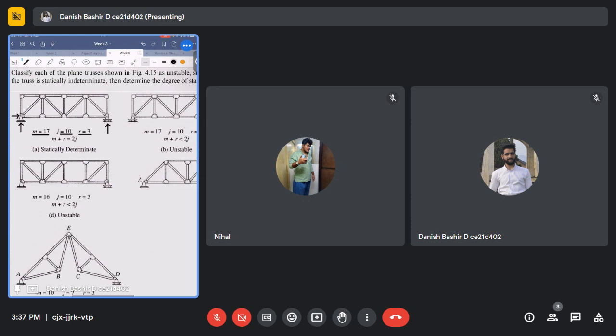So if we compute, m plus r is equal to 20, and 2j is equal to 20. So m plus r is equal to 2j, it is statically determinate.